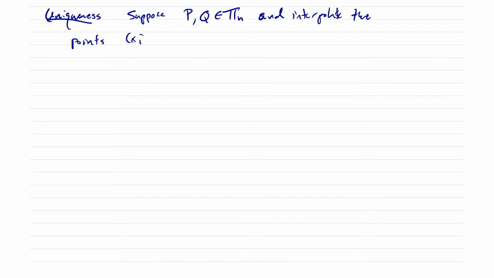Uniqueness is not so hard. Basically, we're going to suppose that P and Q are in pi n, and interpolate the points xi, yi, i going from 1 to n plus 1.